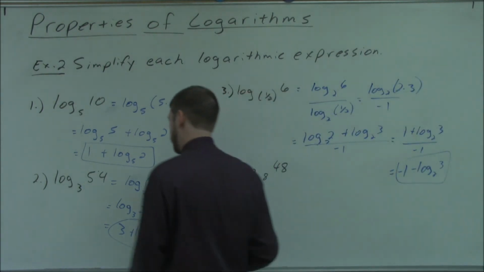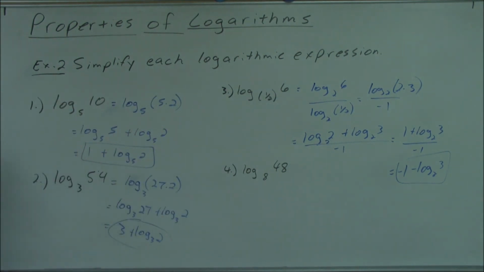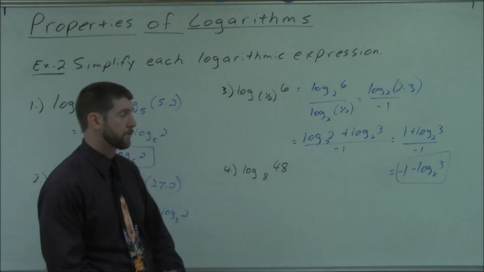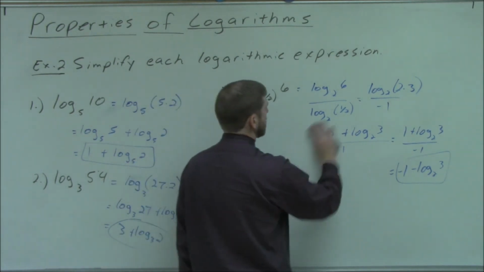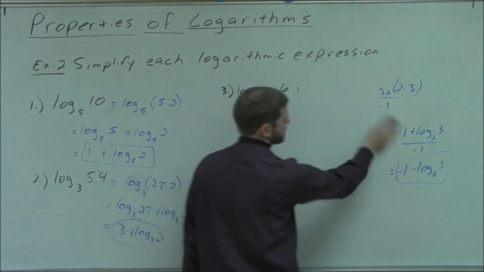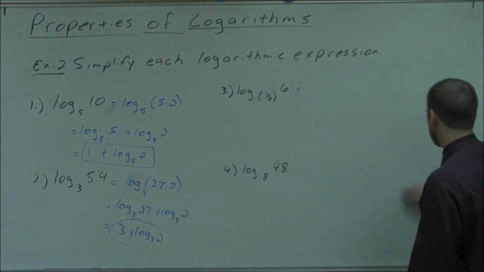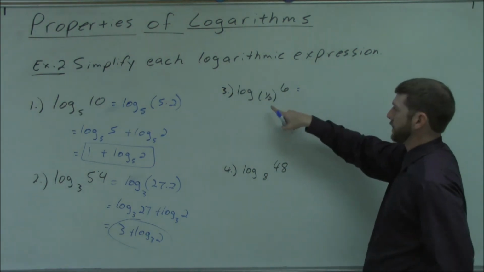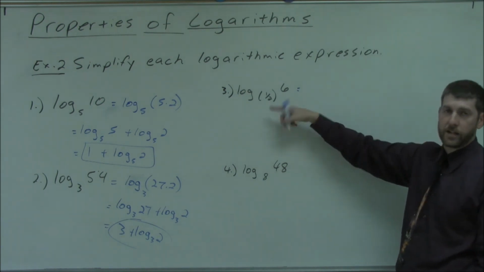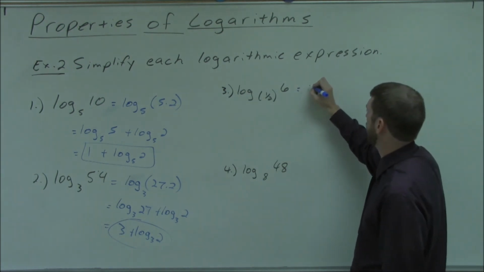Let's look at this one if we'd have gone the other route with it. We won't get the exact same thing, but we will get an equivalent expression. If we'd have just done what we did on the first two problems, and just say, well, I know that 2 is a power of 1/2.